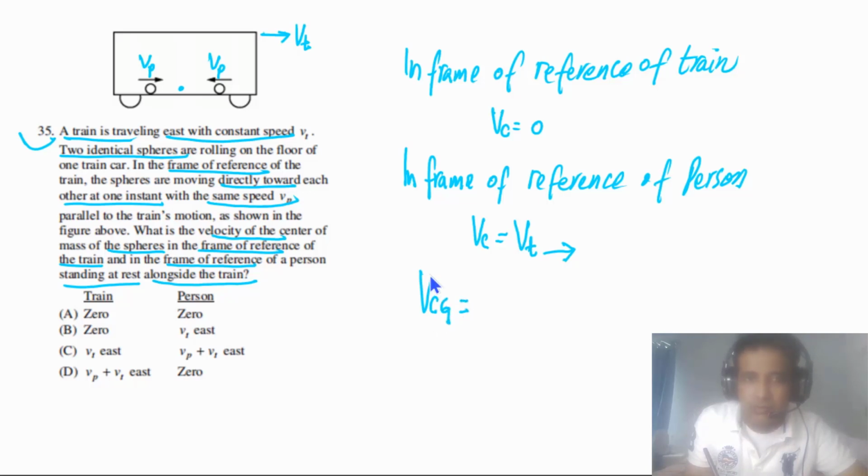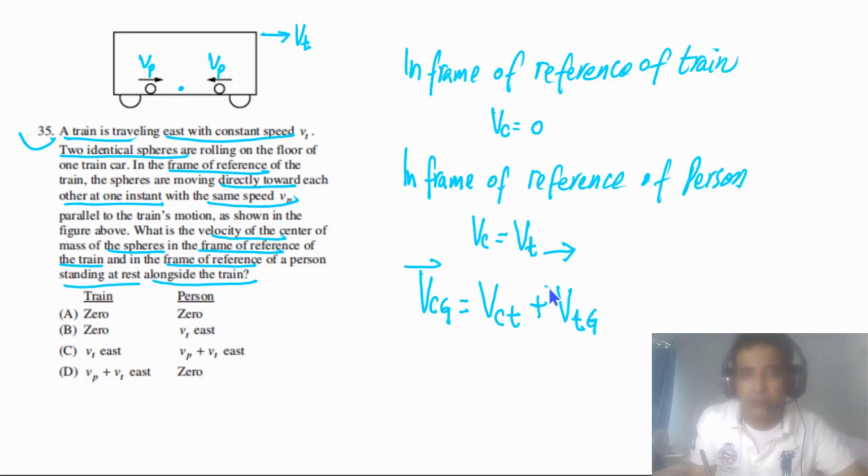So we can also say the velocity of the center of mass with respect to the ground, or with respect to the person, has to be equal to the velocity of the center of mass with respect to the train plus the velocity of the train with respect to the ground.